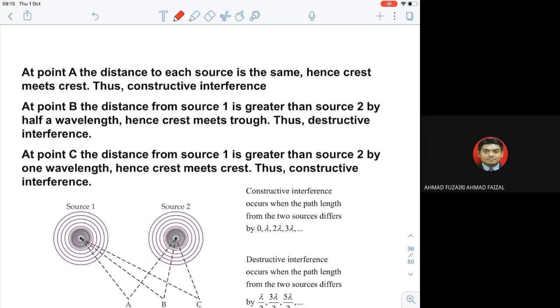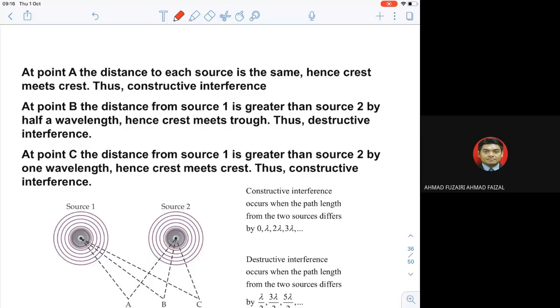As long as you know that when they combine and become bigger, that is constructive. The sketching is not really important right now. But when you do your PH 1098 in the second semester, you will learn these things further in terms of the topic of interference.